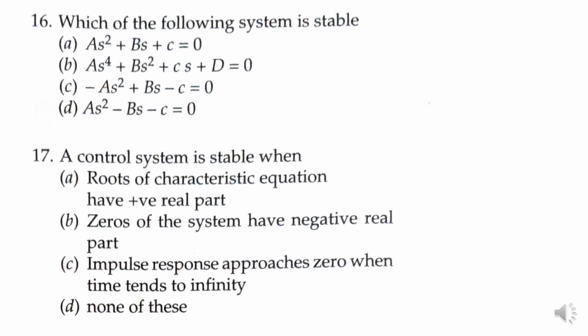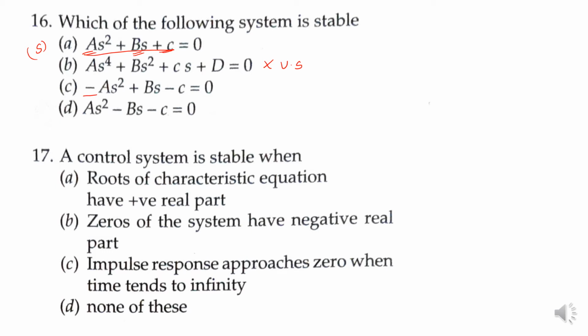Next, which of the following systems is stable? Consider the first one. All are positive. This is the stable system. Here, s power 3 is missing. This is an unstable system.